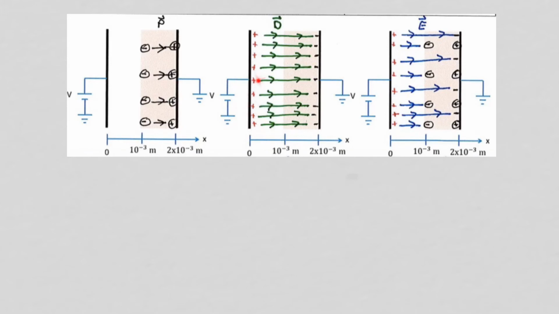Due to the free charges on the two plates, the atoms in the dielectric will form into electric dipoles. So the left side of the dielectric will have negative bound charge and the right side of the dielectric positive bound charge. So we'll have a polarization in the dielectric, and of course, since there's no material in the free space region, there's no polarization.